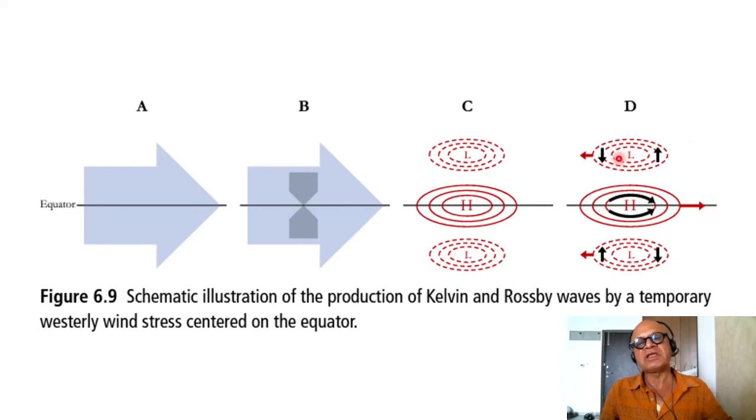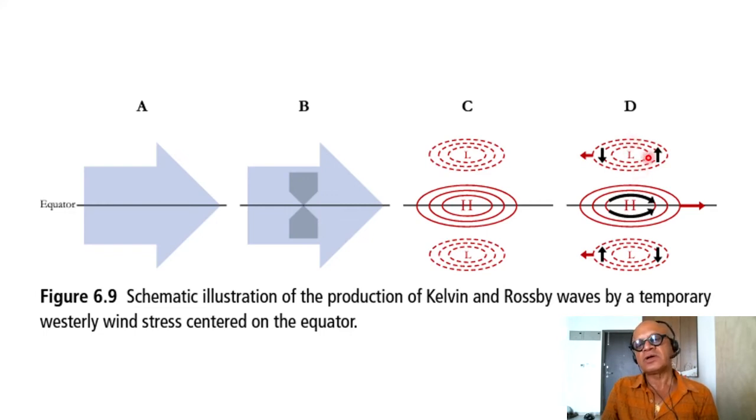Similarly, for the Rossby wave, again, a little bit more complicated, but we have to go back to our potential vorticity conservation, because remember that the Kelvin wave is a gravity wave, where gravity is the restoring force. For Rossby wave, it's the vorticity and the beta effect, or the variation of f with latitude, that's very critical as a restoring force, often referred to as planetary wave as well.